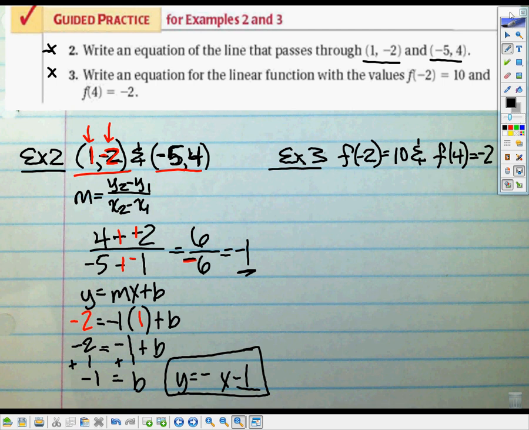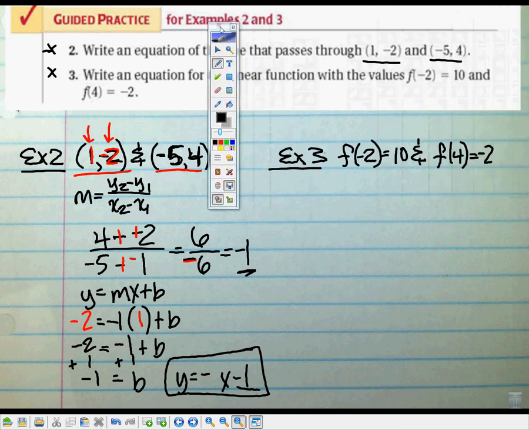I'm hoping now that you recognize you don't have to write what I'm putting here in red, but this is an x value, this is a y value, this is an x value, and this is a y value. So this really amounts to the coordinate point -2, 10, and this is the coordinate point 4, 2. So it gets done just like the other problem. Why don't you pause the video now, work through, get your answer for what the equation would be, and unpause it to see if you have it right.